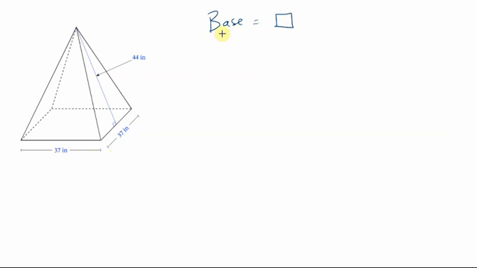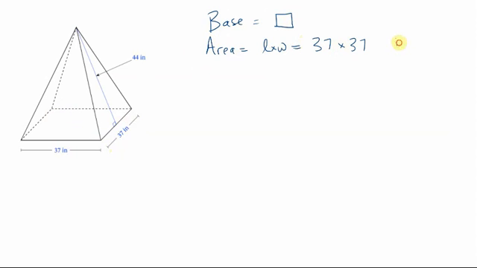The area of a square is length times width. In our case, the values are 37 and 37. So length times width, 37 times 37.